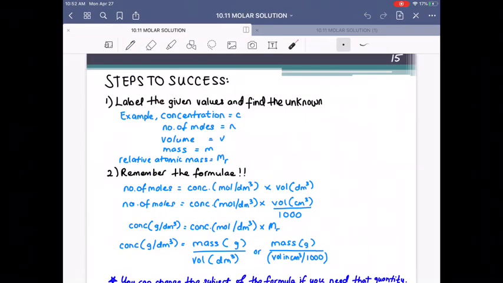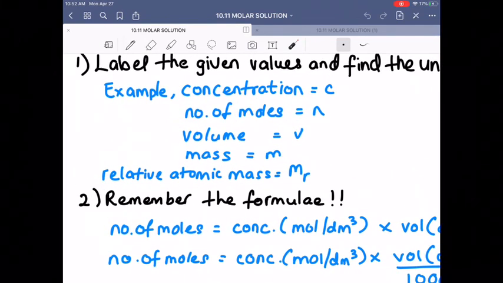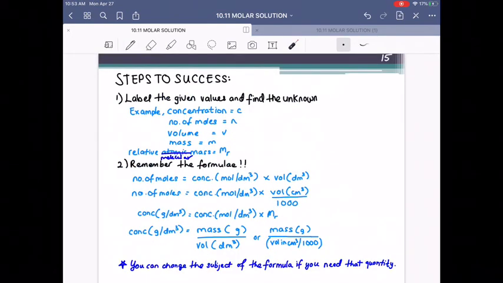So before we end this, let's go to the steps to success. So first step, label the given values and find the unknown. For example, I will label concentration as C, number of moles as N, volume as V, mass as M, relative molecular mass as mR. Next step, you must remember the formulae.